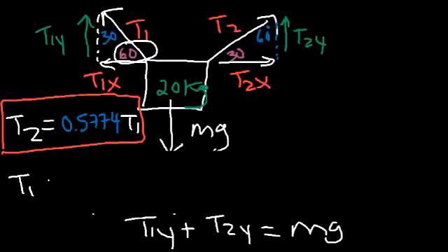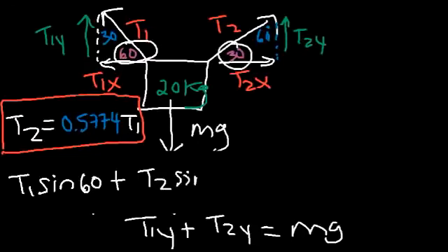So T1 sine 60 plus T2y, which is T2 sine 30, is equal to mg, which is 20 times 9.8. And that's about 196.